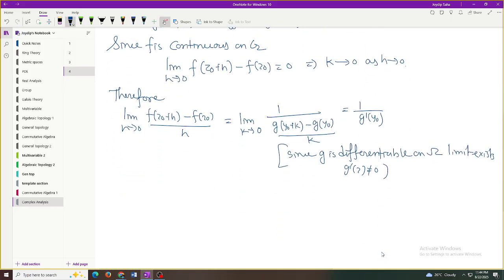This implies f is differentiable at z0 and f dash z0 is 1 over g dash.